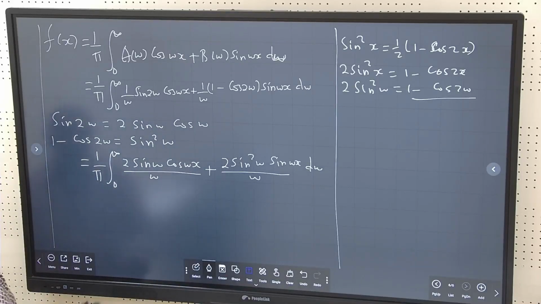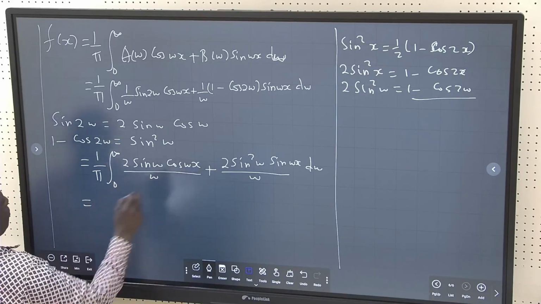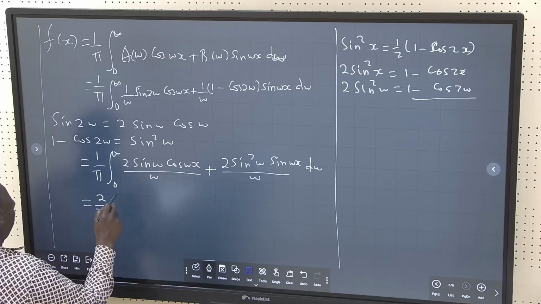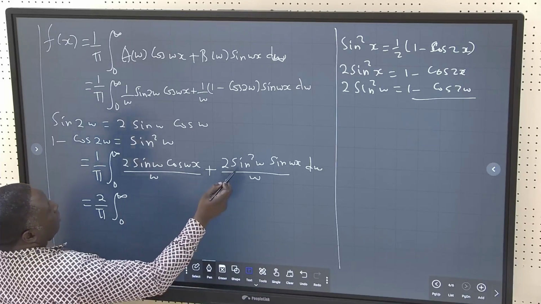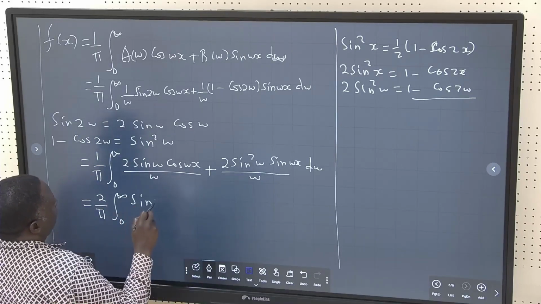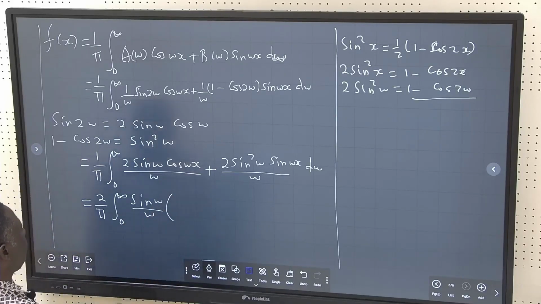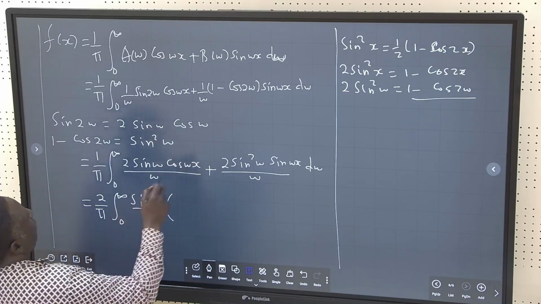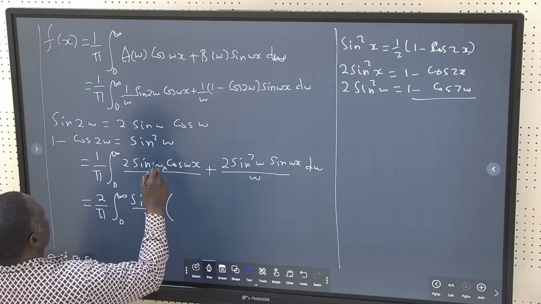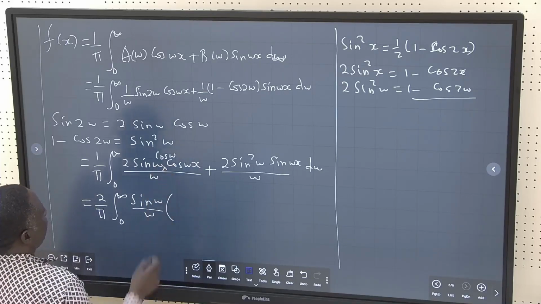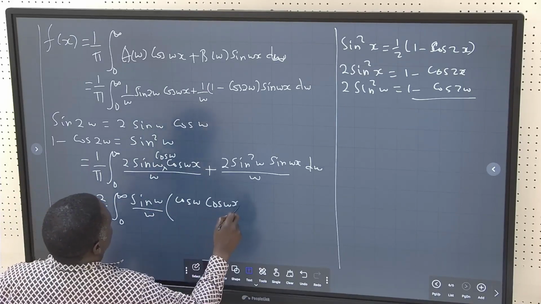So we see here we have 2, so we can factor out 2. Factoring out the 2, we have 2 over pi, the integral from 0 to infinity, and you can also factor out sine ω over ω. You remain here with cosine ωx.